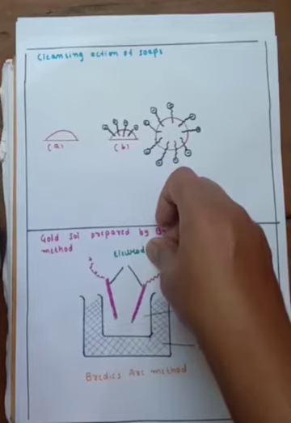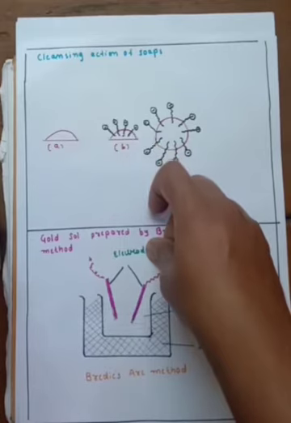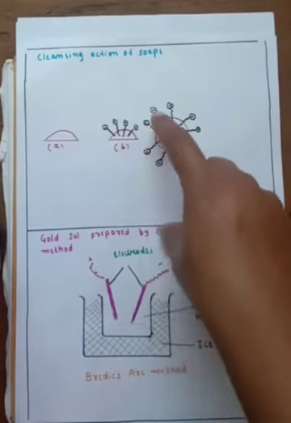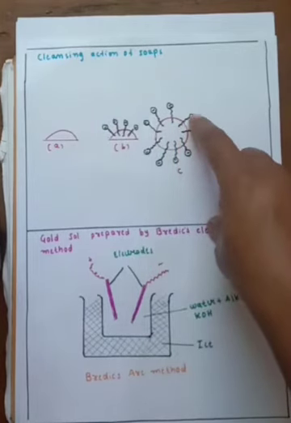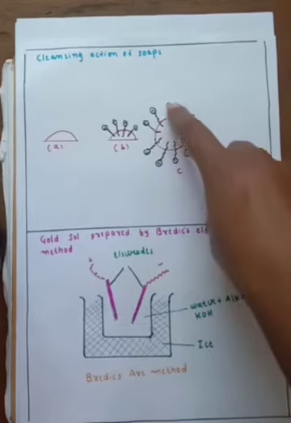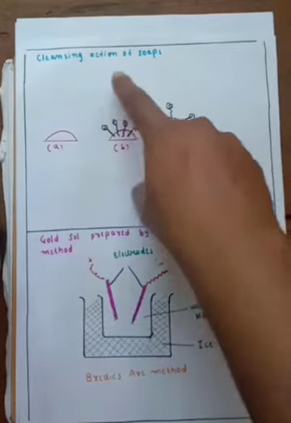So the oil droplets surrounded by the stearate ions are now pulled into water and removed from the dirty surfaces. Due to the presence of the negatively charged shell, it prevents aggregation. This is about the cleansing action of soaps.